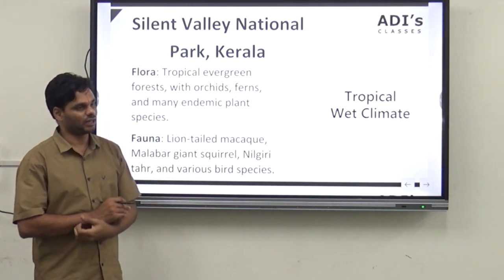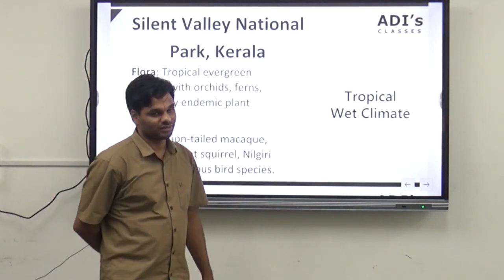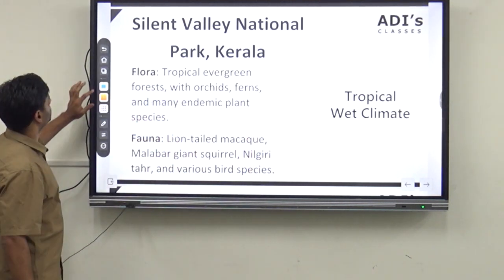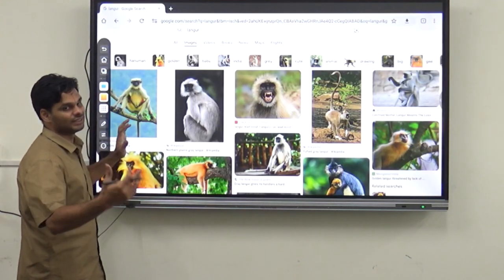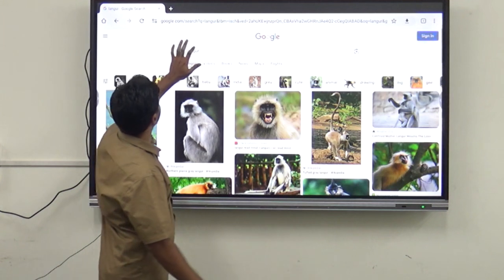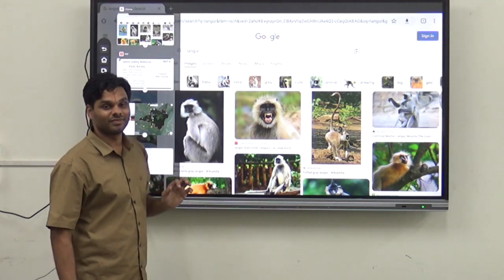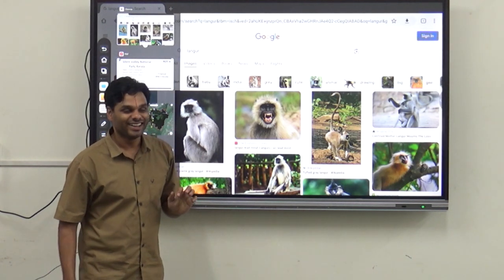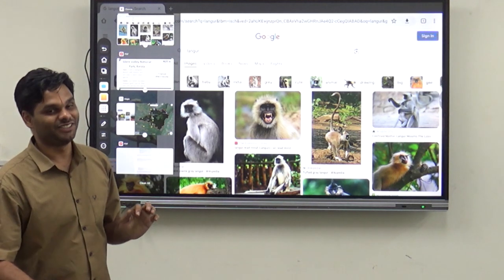Silent Valley National Park. What else is the Silent Valley famous for? Google and tell me if you don't know. Tell me, what else is it famous for? No, that's not what it is famous for.